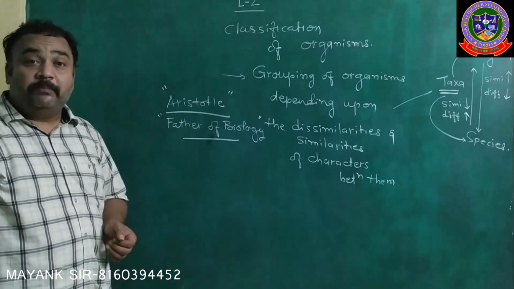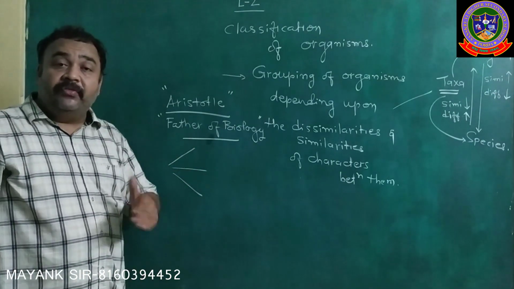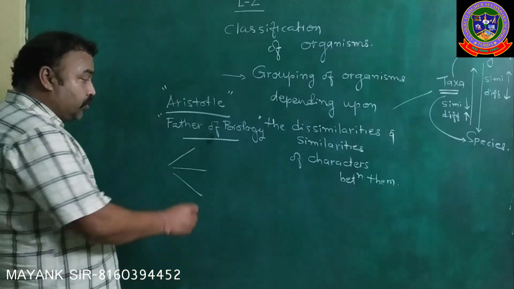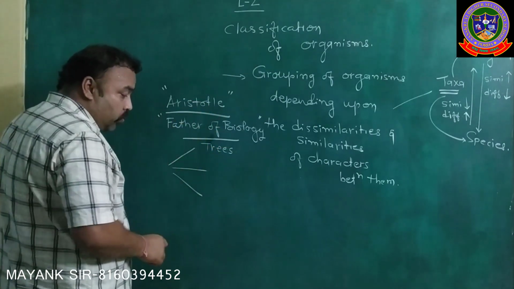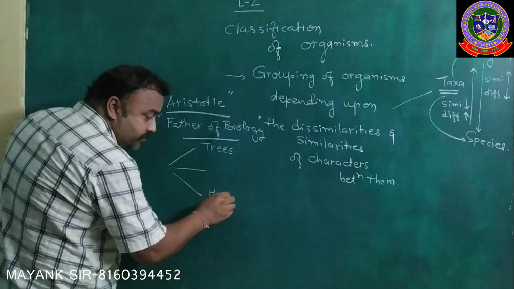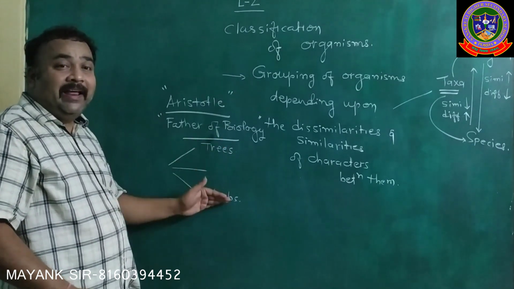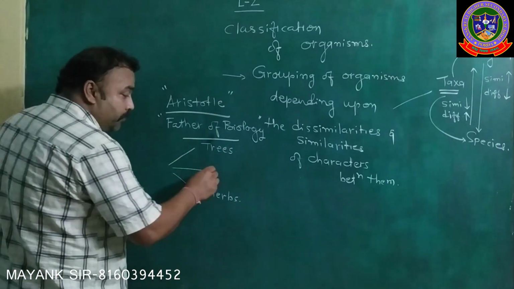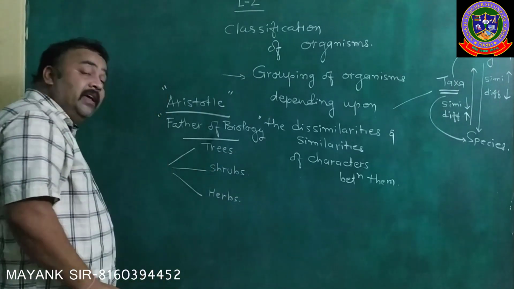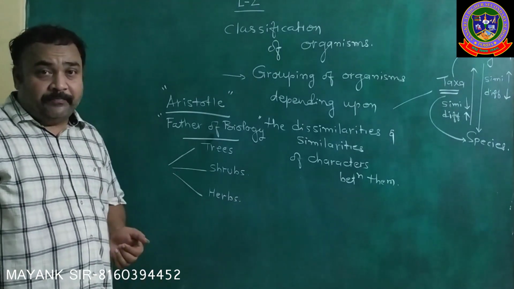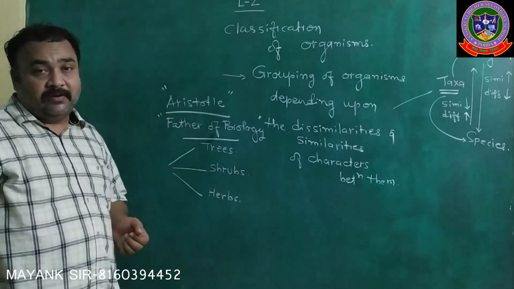He classified plants into three groups depending upon their height. The larger or taller ones were known as trees. The smallest ones were known as herbs, and the middle ones, which do not fall in any category, are grouped into shrubs. So, initially, there were three groups of plants, and this was done by Aristotle.